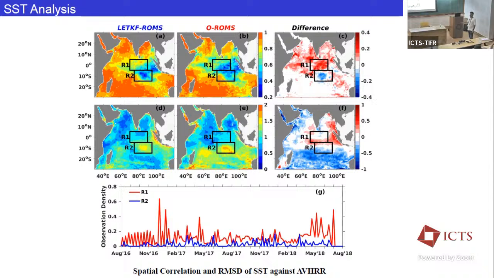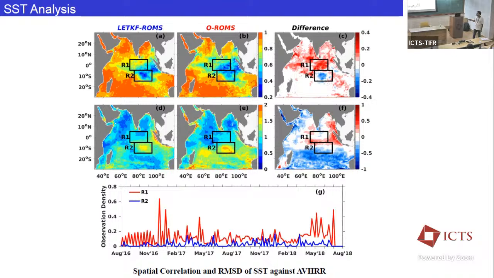So to understand this, what we have done is here, we have plotted the observation density over R1 and over R2. Okay, the number of observation, the average number of observation within this across time.